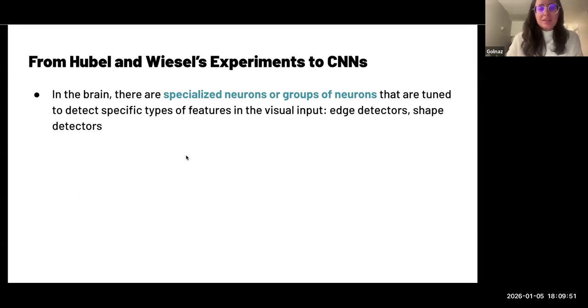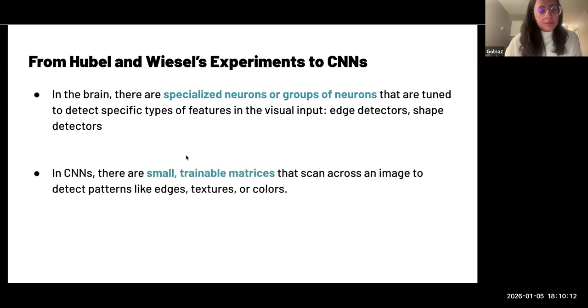You don't want to define those patterns. You want to learn them from the data, not by defining a rule of what an edge means, but by learning what an edge means from seeing multiple images of an edge or a particular shape.